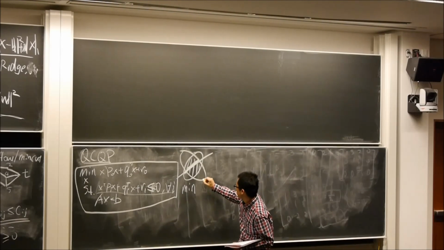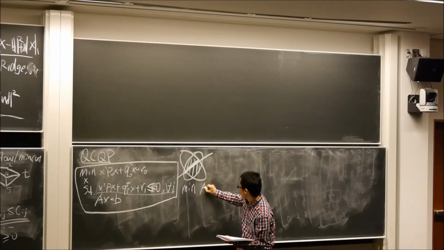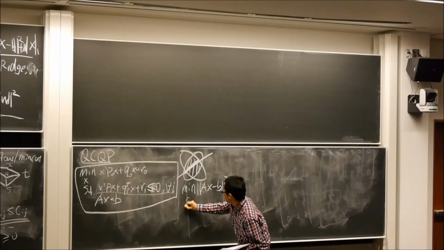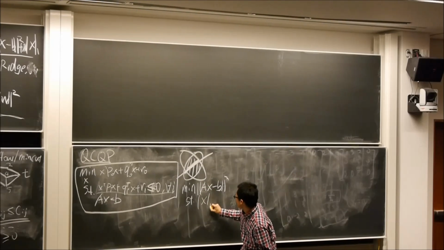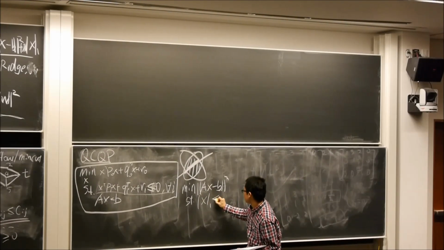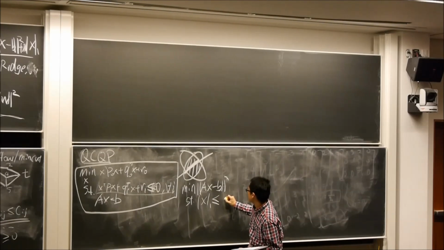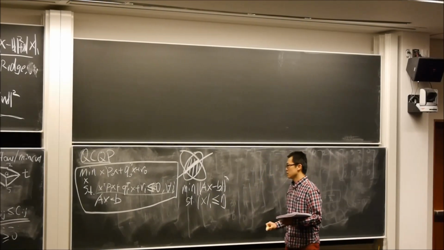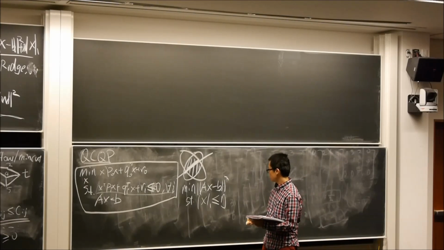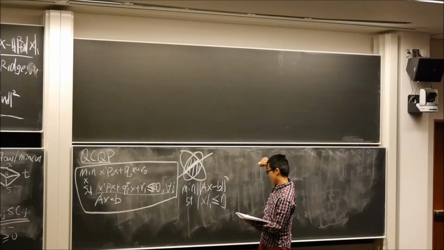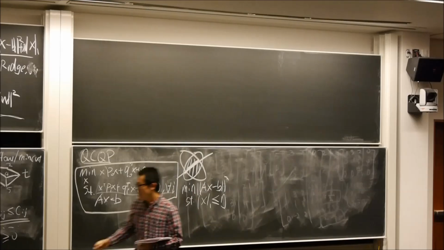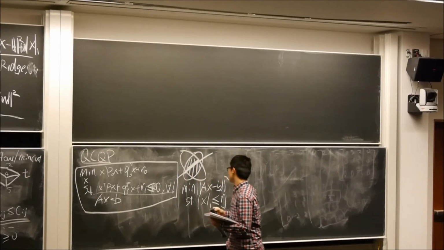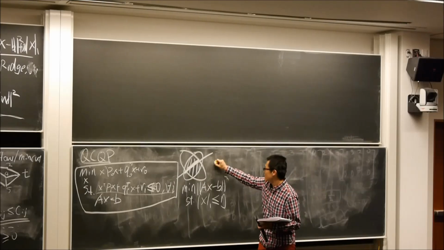Minimize Ax minus b subject to the one norm of x being smaller than some parameter, say eta. Oh no, this is actually linear. Well, this is actually a QP instead of a QCQP. But let's just change this to elastic net.